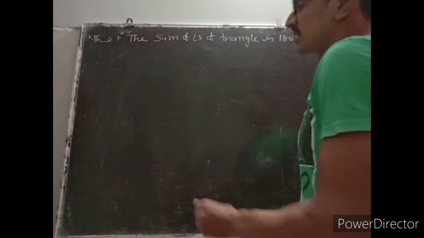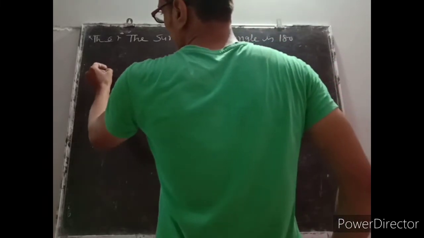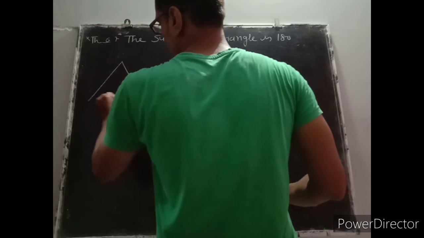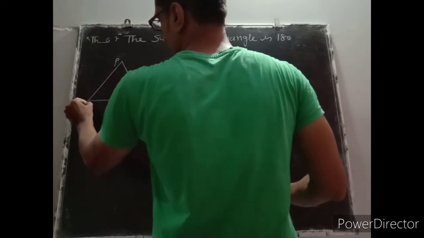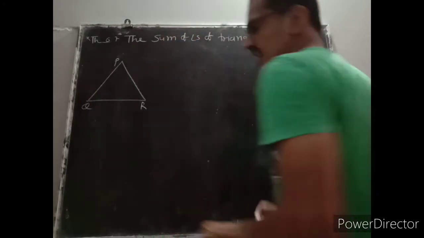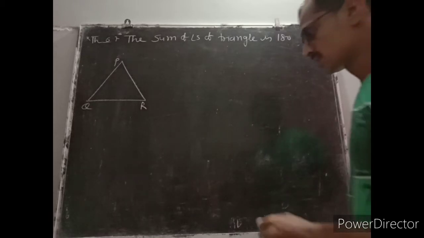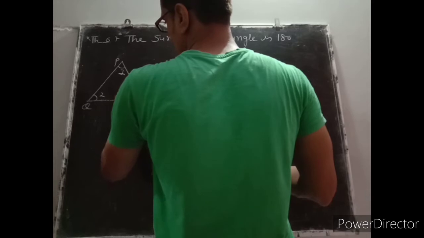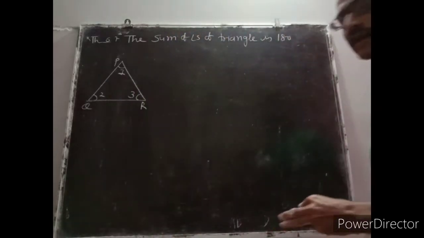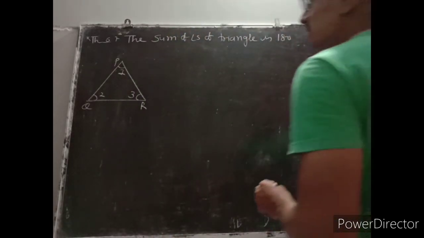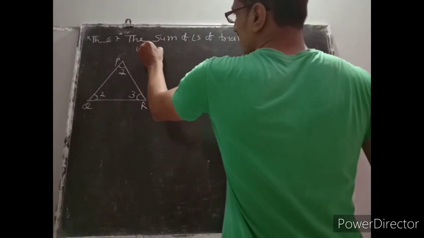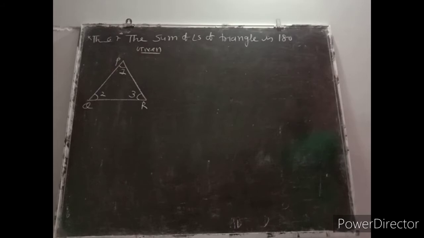First of all, we will draw one triangle PQR. And we will give names to the angles. This as 1, this as 2, and this as 3. Okay? In the given, we write the statement. We want to prove the sum of angles of a triangle is 180.